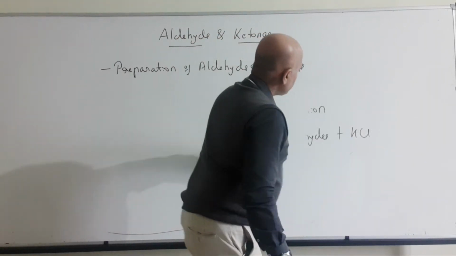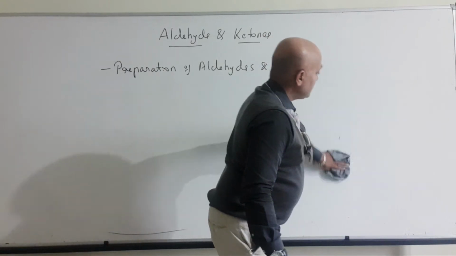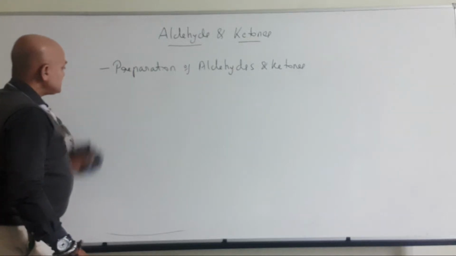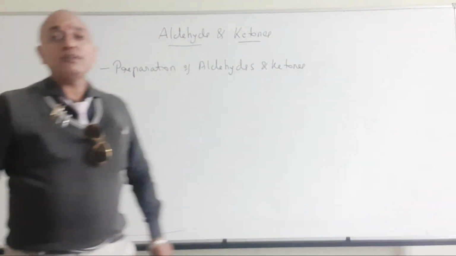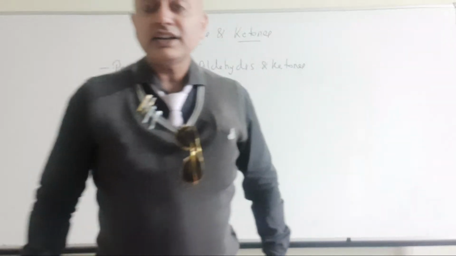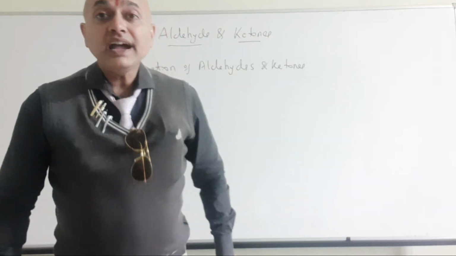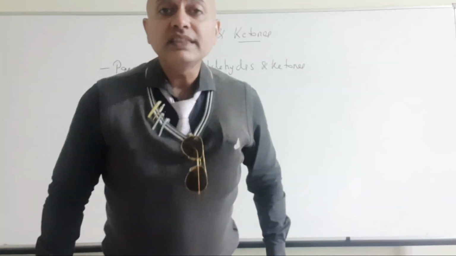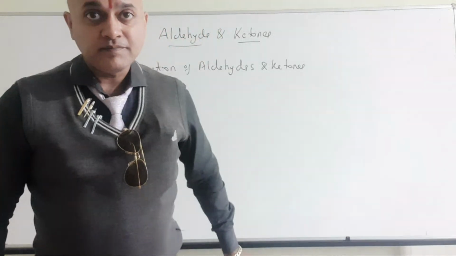Okay? Now, if you observe carefully, compared to the alcohol and ozone methods, in this case only aldehydes can be formed. Ketones will not be formed by this particular method.